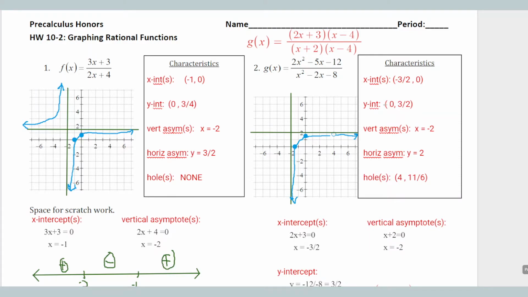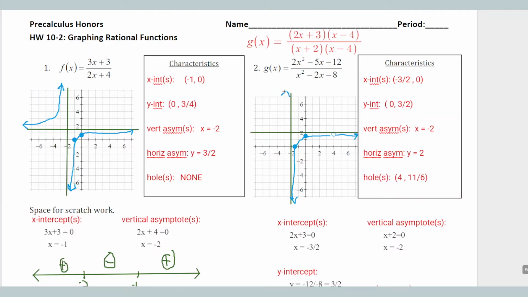Okay, so we got the right-hand side, and to get the left-hand side, now if you were going to have a piece of the graph that was below this horizontal asymptote, you would have to cross the x-axis. But since we know that there are no x-intercepts on this side, we didn't find any here, then we can conclude that the graph is going to be above the horizontal asymptote.